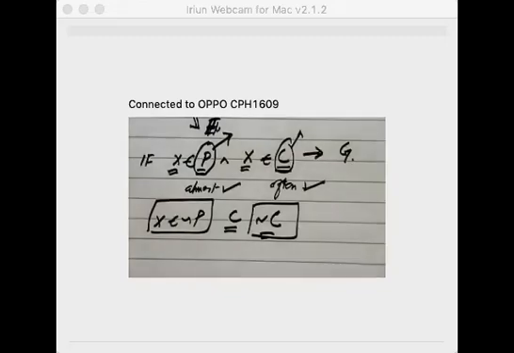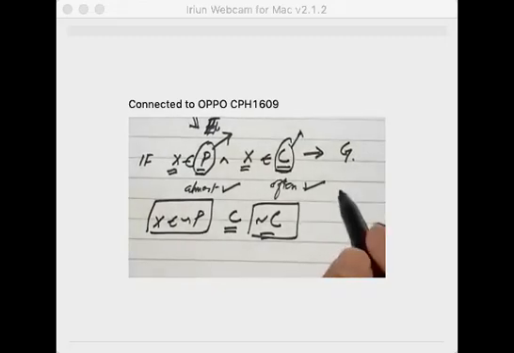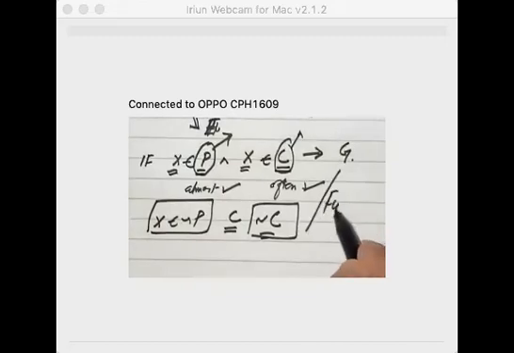So for that, the concept of fuzzy is actually used. Okay.